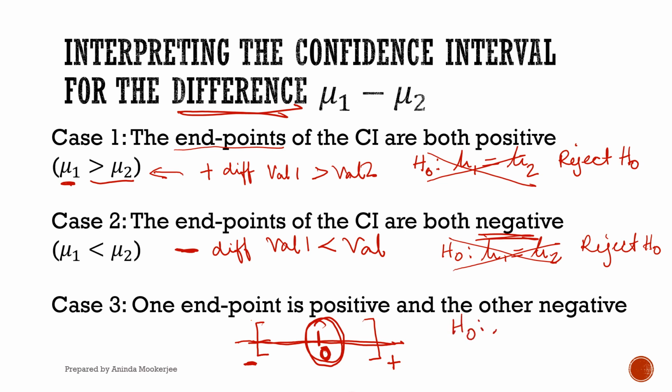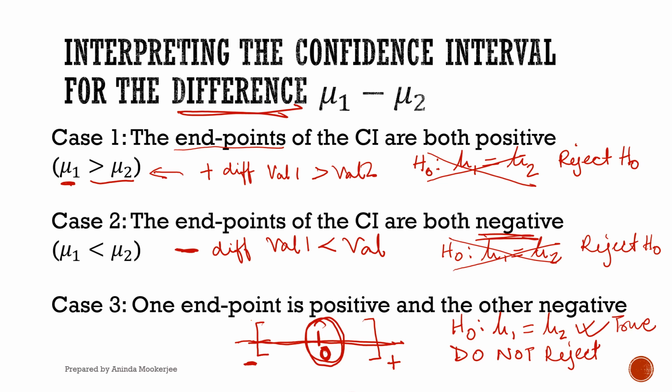The null hypothesis, which says mu1 equals mu2, for it to be true, means the difference between the two should be 0. And because this confidence interval includes a difference of 0, the null hypothesis is true. In that case, we do not reject the null hypothesis. So these two must be in sync.